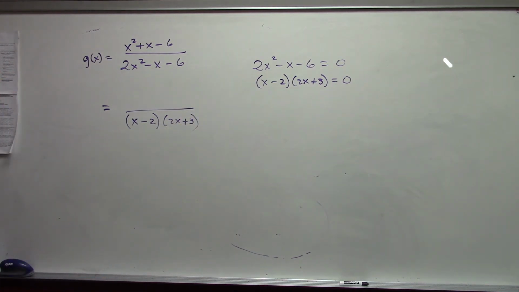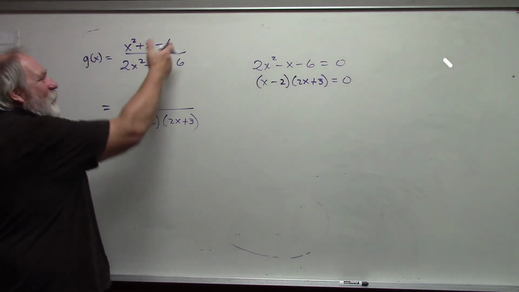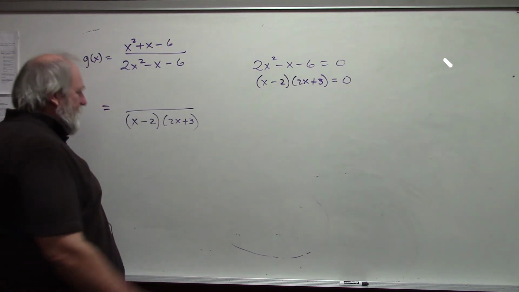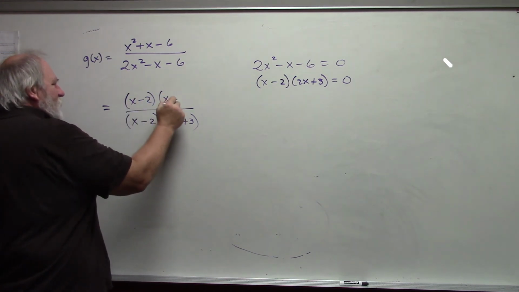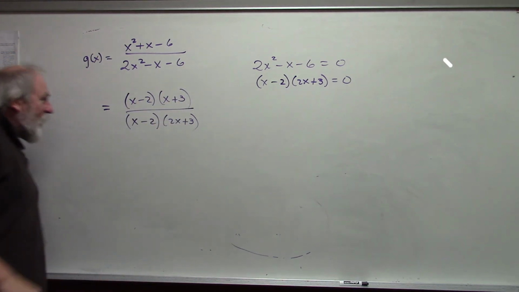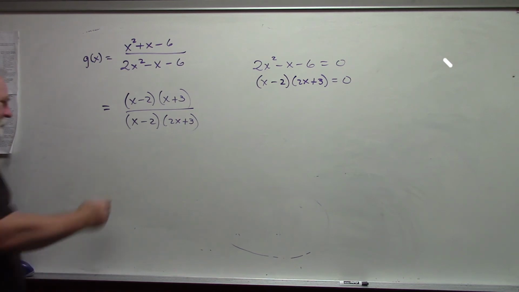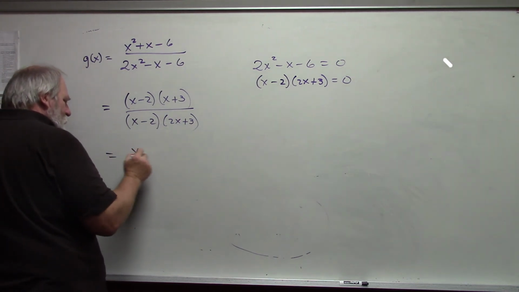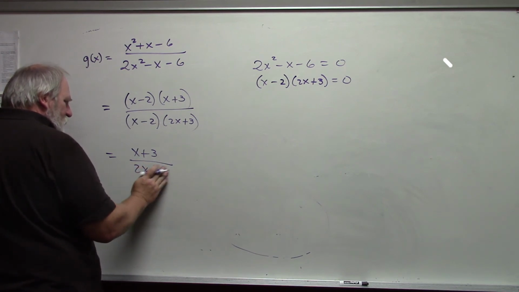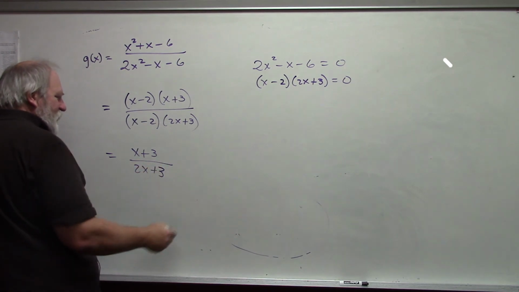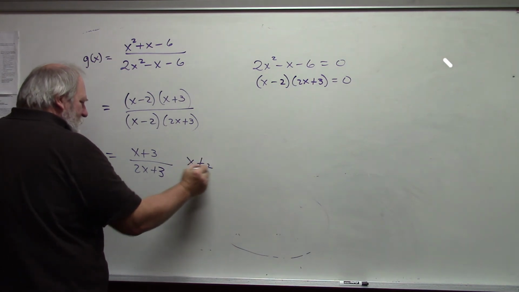Now, this does not mean that I have vertical asymptotes at x equals 2 and x equals negative 3 halves, because in this case, my numerator also factors with an x minus 2 factor. And so this reduces to x plus 3 over 2x plus 3 as long as x is not equal to 2.